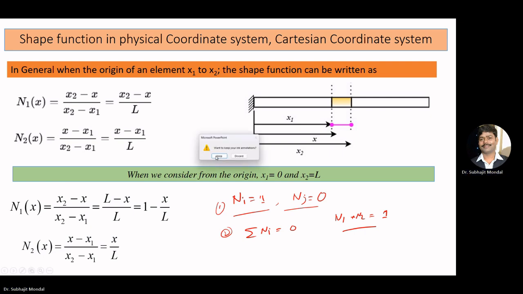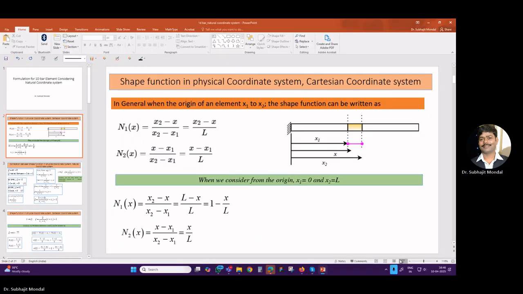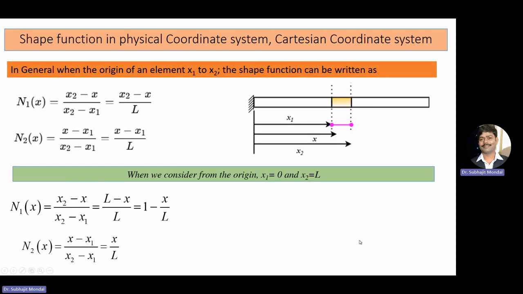Now we will see how we can derive the shape function for a 1D bar element. First, we'll discuss the shape function in our physical coordinate system, which is basically our Cartesian coordinate system. Here you see we have one element, and this is node 1 and this is node 2. Here we have written x1 and x2 from this origin.